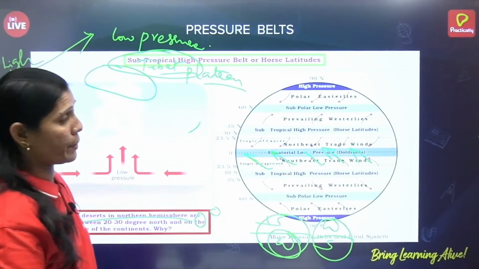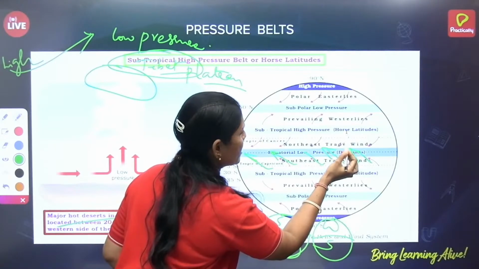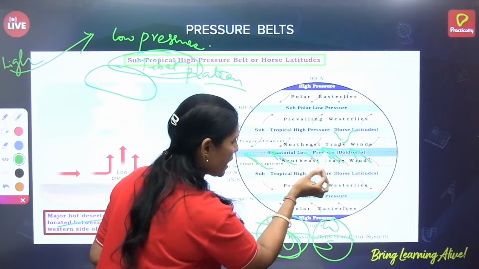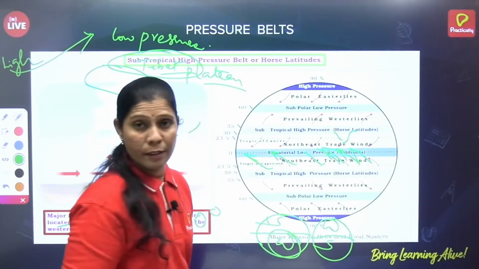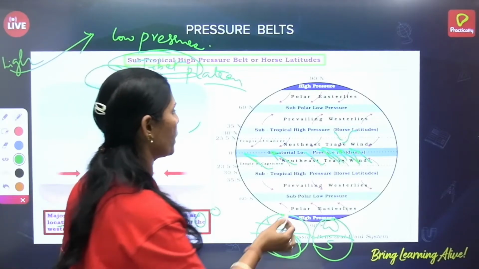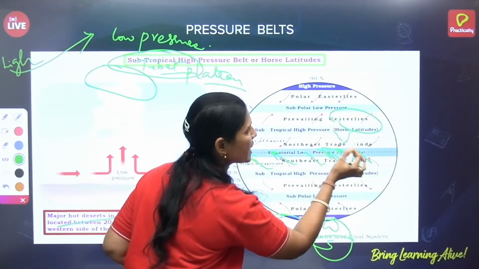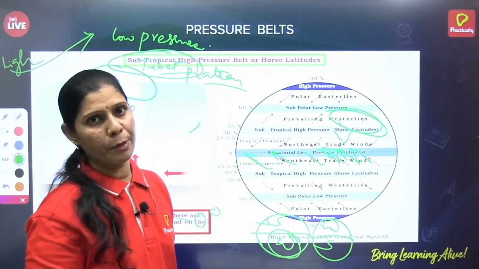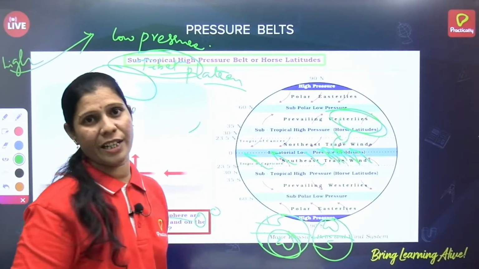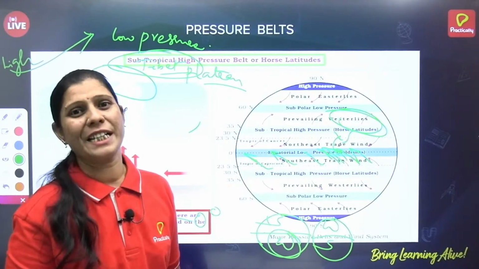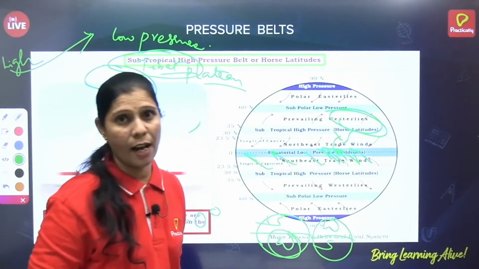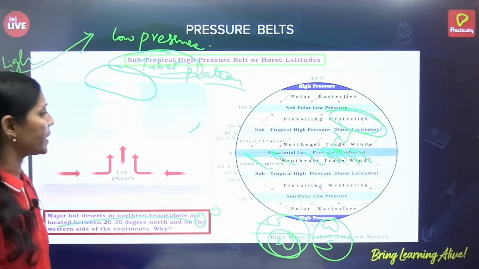But our India exists over here. In the beginning of June, due to the low pressure over the Tibetan plateau, the winds change direction. They get deflected towards India and blow in the country.